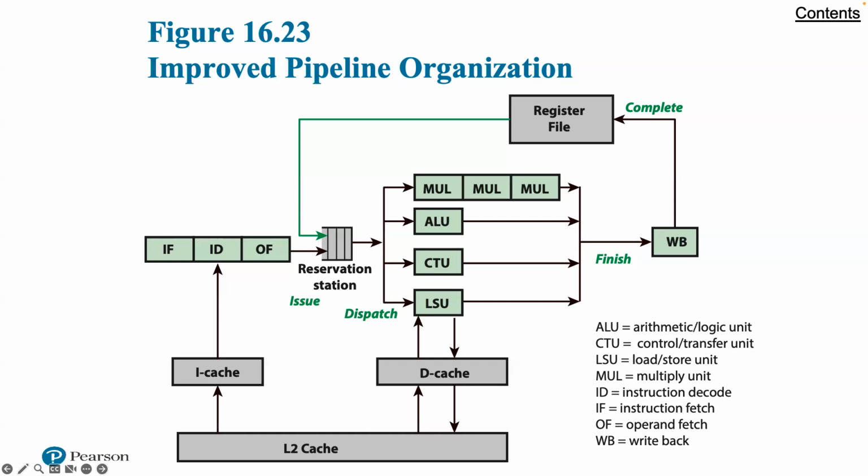The problem this creates is that the OF stage cannot receive a new instruction until the previous instruction has been issued. The reservation stations provide a buffer that enables the OF stage to issue instructions as soon as possible. Then the reservation station will dispatch each instruction to its functional unit when the latter is available.